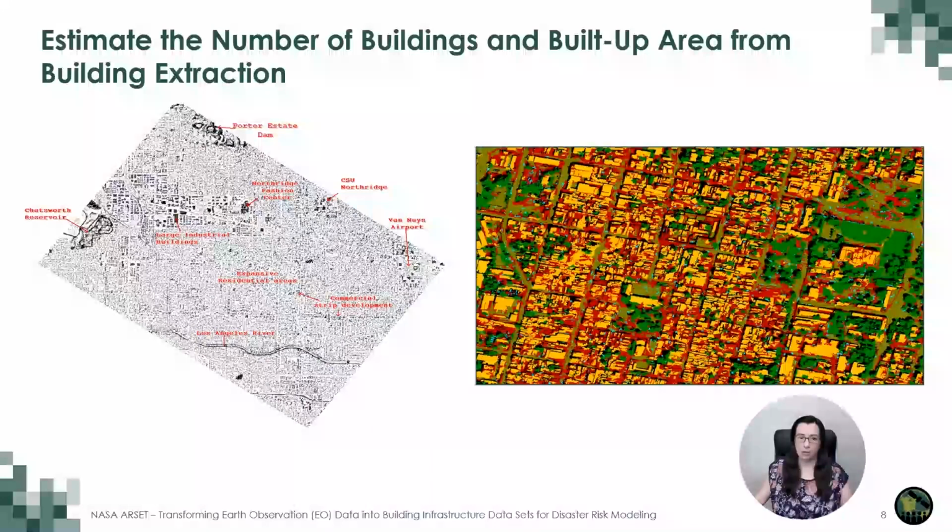The image to the right is an example of a supervised classification analysis where the orange pixels represent the building perimeters. These perimeters can be converted to polygon building footprints.